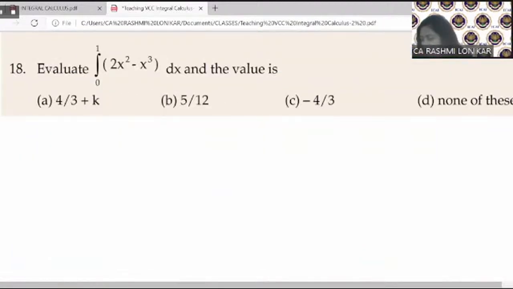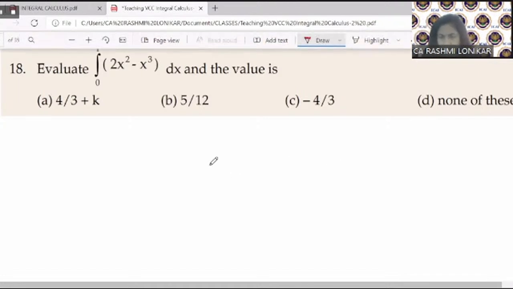Now going to the 18th sum. Now this is a question on definite integrals. So what do I have here? It is integral 0 to 1, 2x square minus x cube dx.